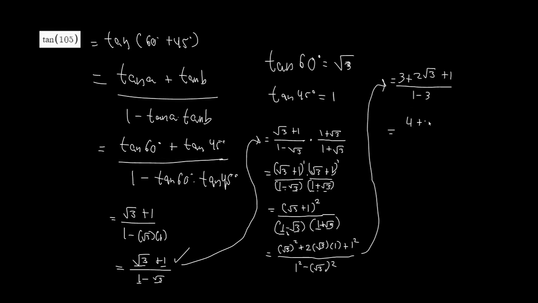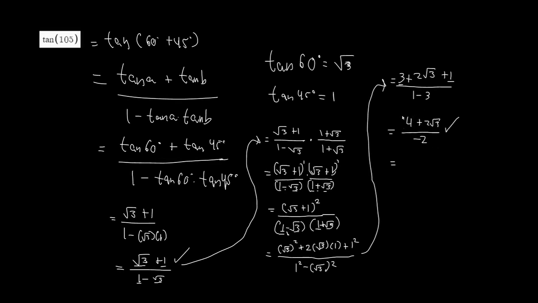So we have 4 plus 2 square root of 3, because overall 3 and 1 are the constant terms and they don't have a radical term. So yeah, 3 and 1 are whole numbers. And then here 1 minus 3 is just negative 2. This could be your final answer, or you can simplify it even more.